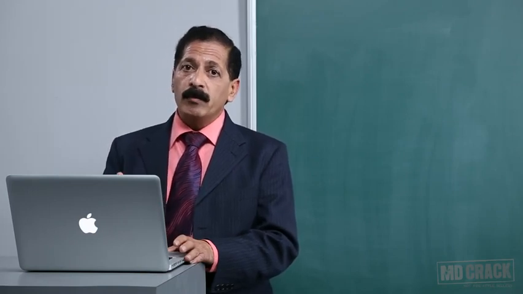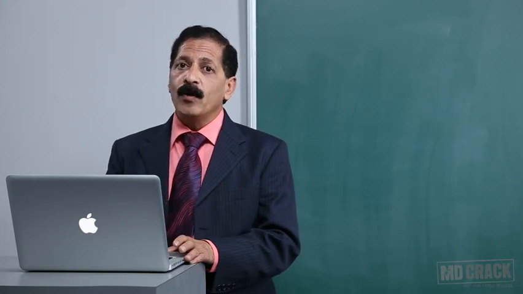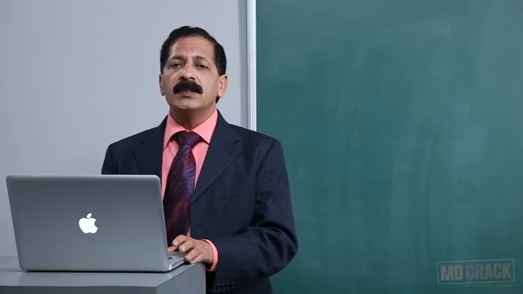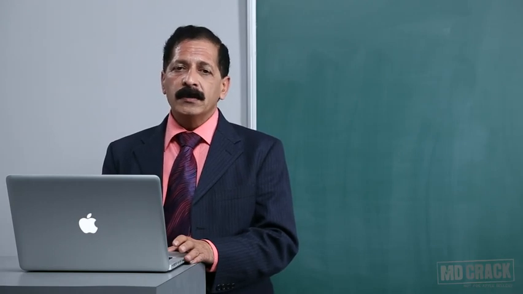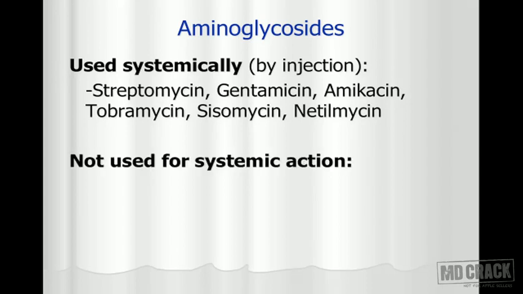If a drug ends with mycin, it may not be an aminoglycoside. Just remember vancomycin and clindamycin, they are not aminoglycosides. So the drugs used systemically by the parenteral route: streptomycin, gentamicin, amikacin, tobramycin, sisomycin, netilmycin.